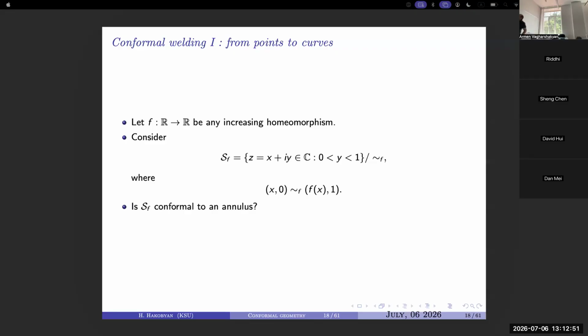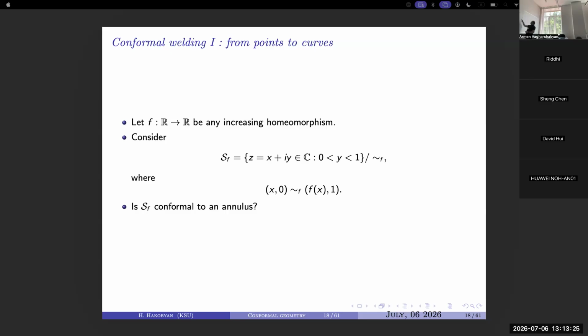Okay. So now we consider a strip again. This is an infinite strip. And now identify the top and bottom by a function x goes to f(x). So this is a similar picture to what I had before: you take an infinite strip, and a function that takes x and identifies it to f(x) on the line.